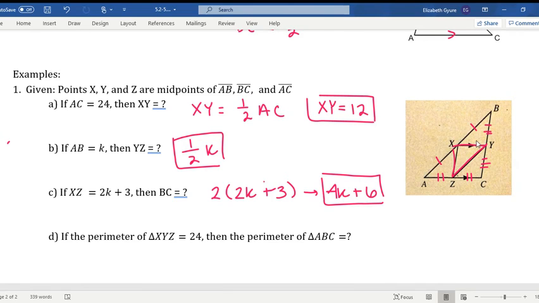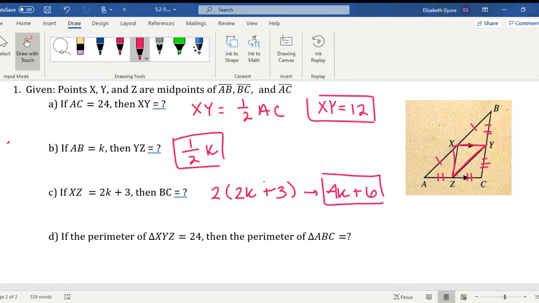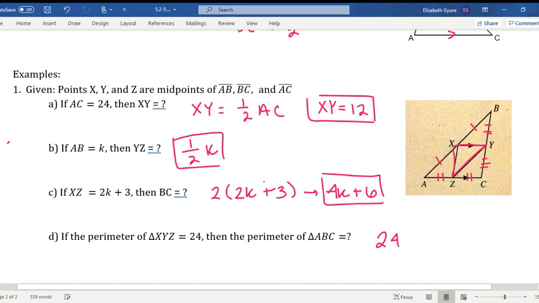So yeah, Luke was right. It is 48. Does that make sense though, guys? Because isn't each side double its mid segment, right? So yes, you would just double its measurement. So it would be 24. Do we see how we got that?